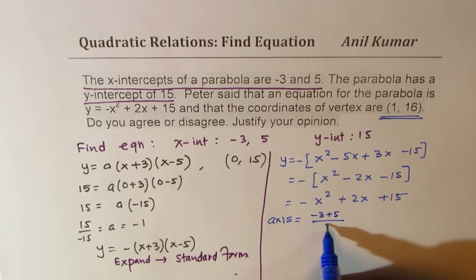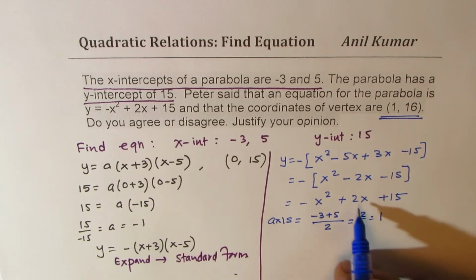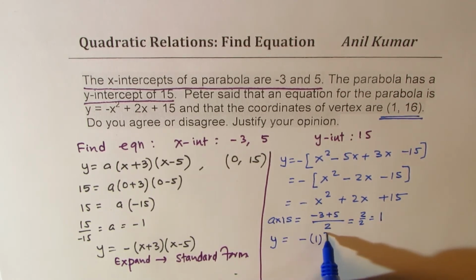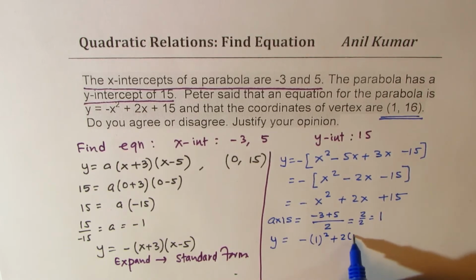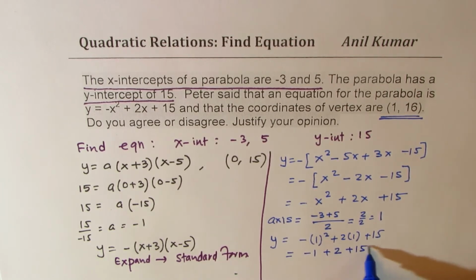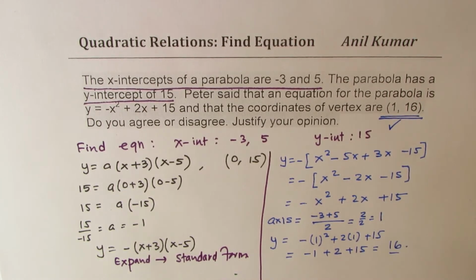So we can add them and divide by 2, so we get 2 over 2 as 1. And if I substitute 1 here, what do you get as the value of y? So minus 1 squared plus 2 times 1 plus 15, and that gives you minus 1 plus 2 plus 15, and that is indeed 16, and therefore the vertex is correct, and we can say that Peter's equation is correct.